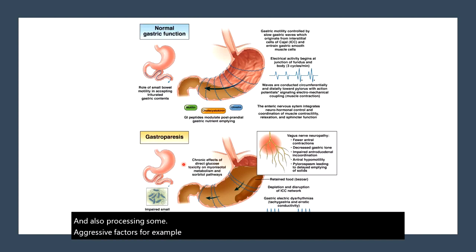Gastroparesis is when the emptying of the stomach does not occur because of a gastric electric dysrhythmia caused by the effects of hyperglycemia on the nerves located outside or inside the layers of the stomach.